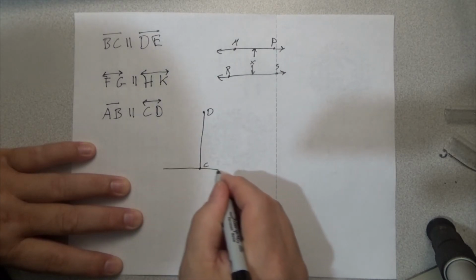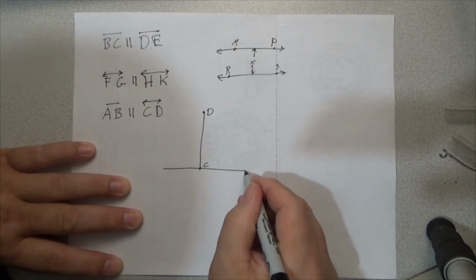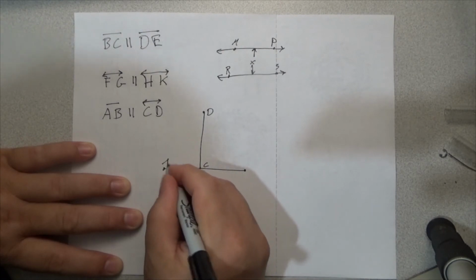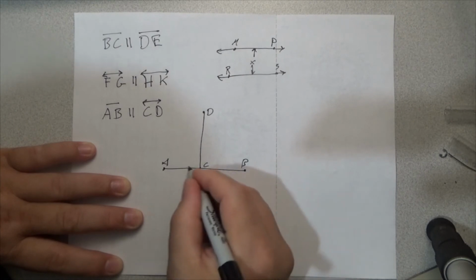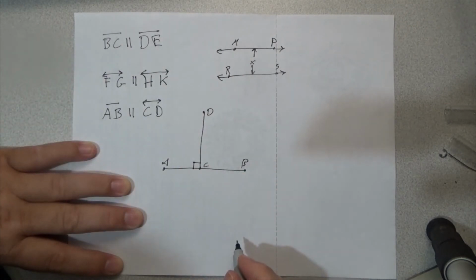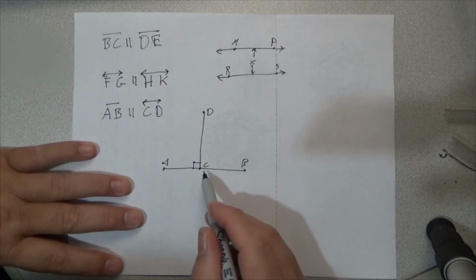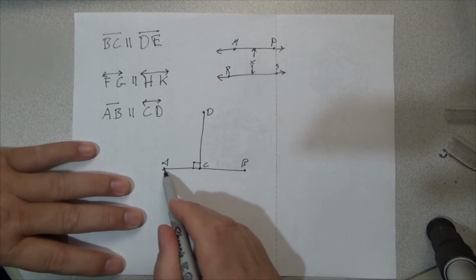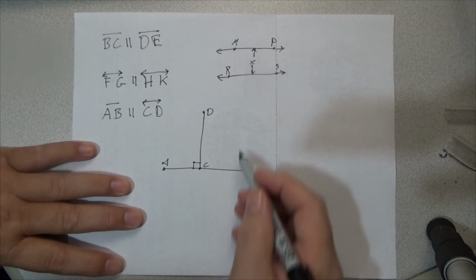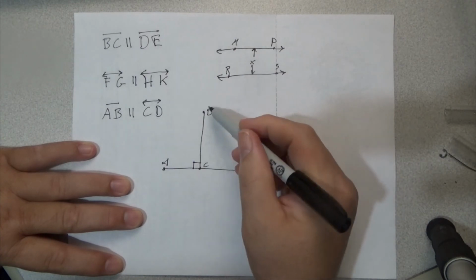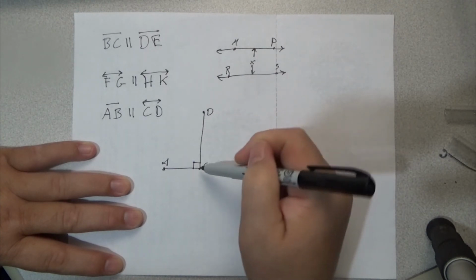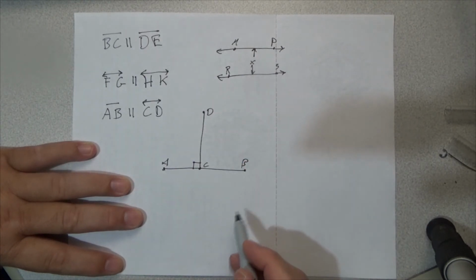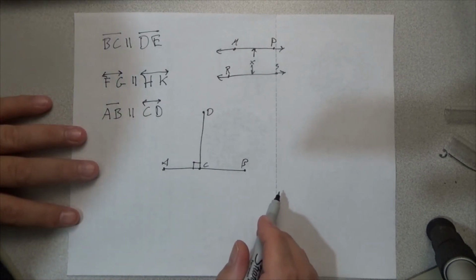So A, B, and put the perpendicular right there. So point C does lie on line segment AB, and at the same time, segment DC is perpendicular to AB.